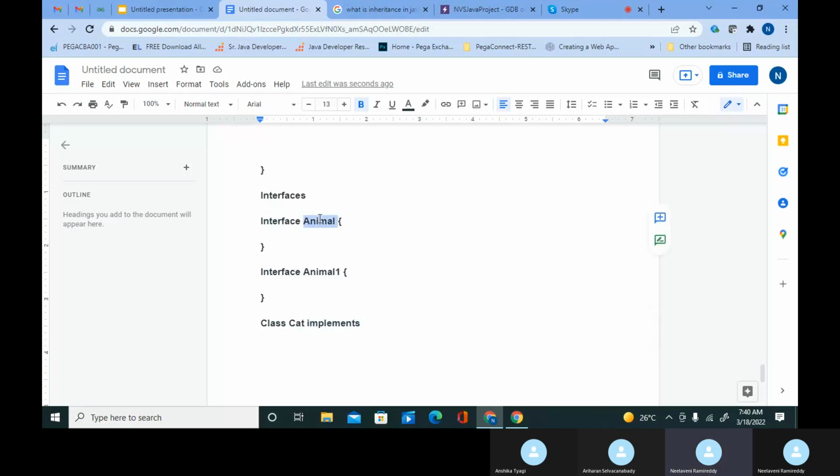So I'm going to implement animal and, at the same time, animal one. Whatever methods and parameters are available in these two interfaces, I'm going to implement in my child class. Any doubt here?